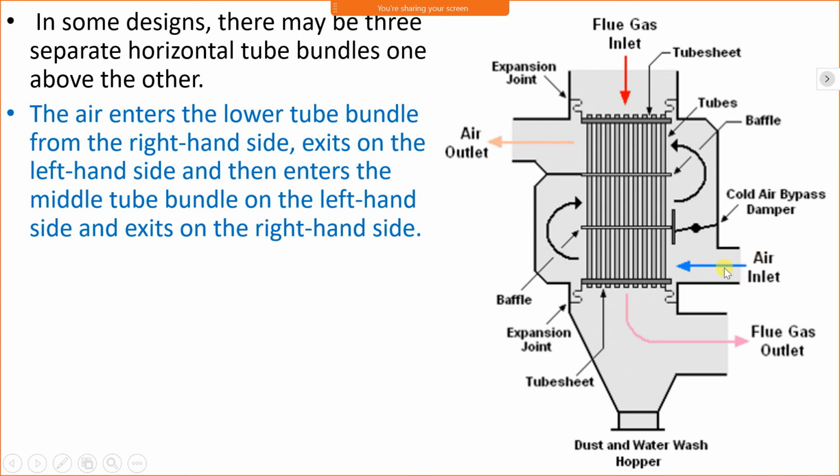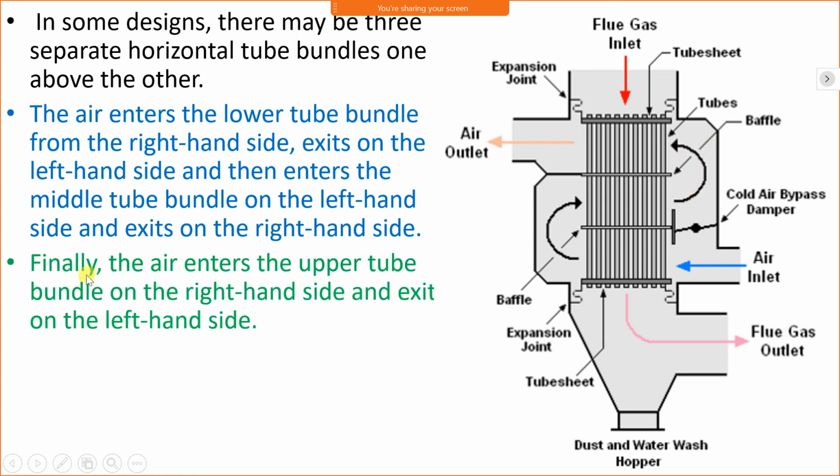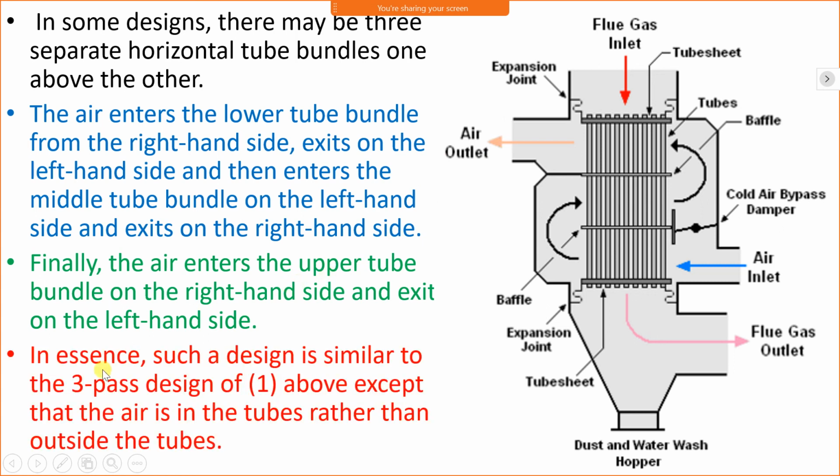Then it enters from the left hand side and leaves from the right hand side. Then it enters from the right hand side and leaves from the left hand side. Finally, the air enters the upper tube bundle on the right hand side, exits on the left hand side, and is supplied to the furnace. In essence, such a diagram is just similar to the three-pass design above, except that the air is inside the tube rather than outside the tube.